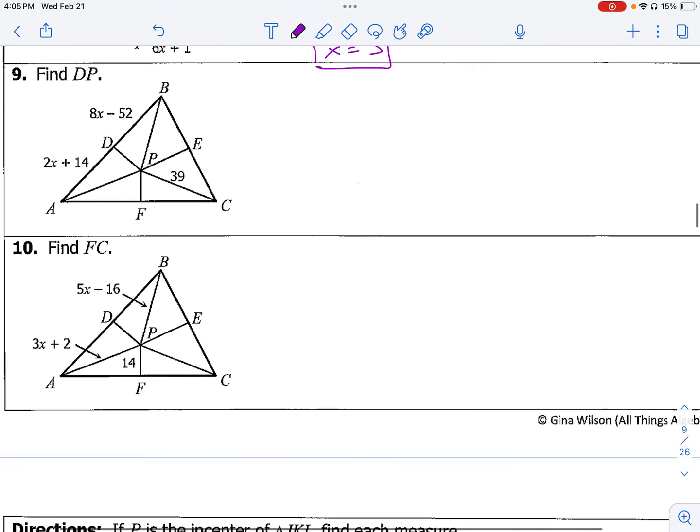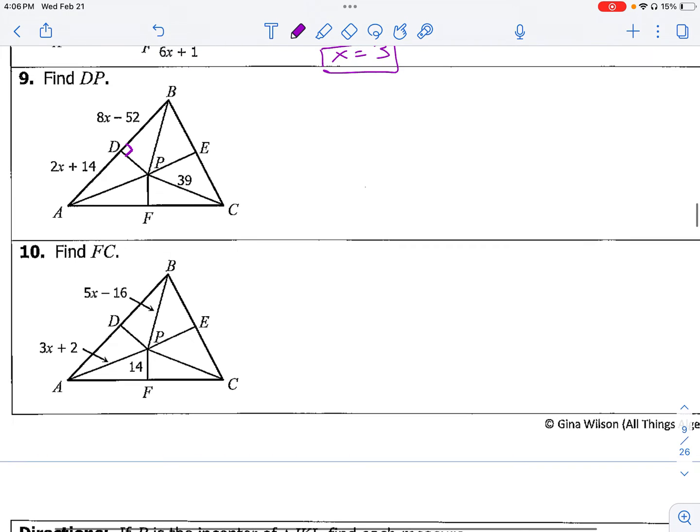Okay, good work. So P is the incenter, so DP is a perpendicular bisector. So that's a right angle, so we have a bunch of right triangles. And point D is the midpoint of AB.